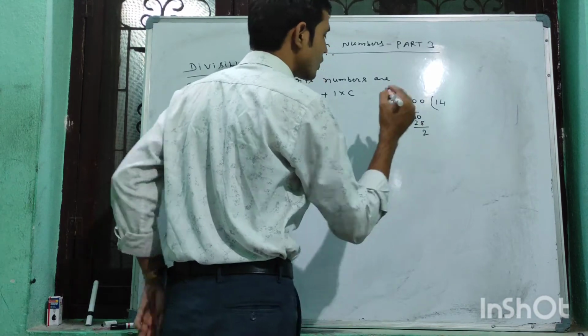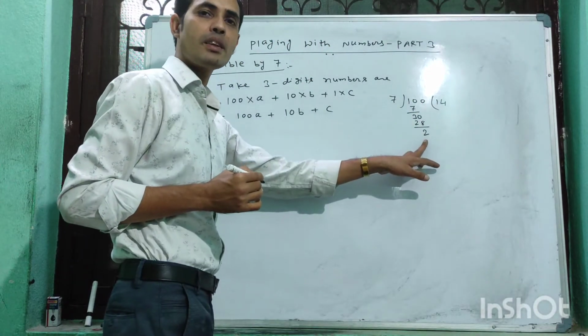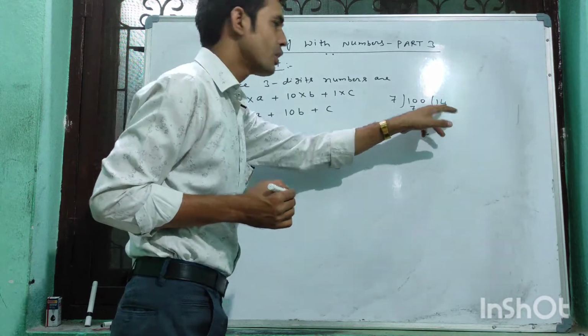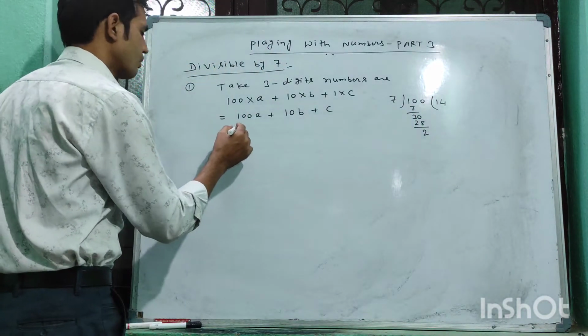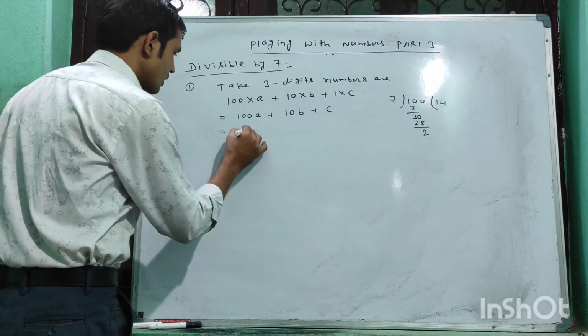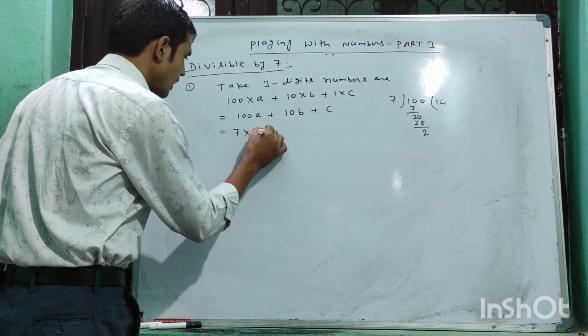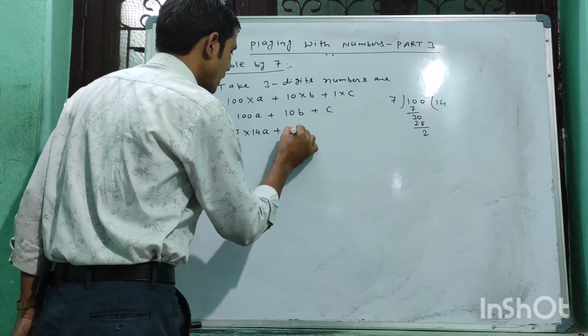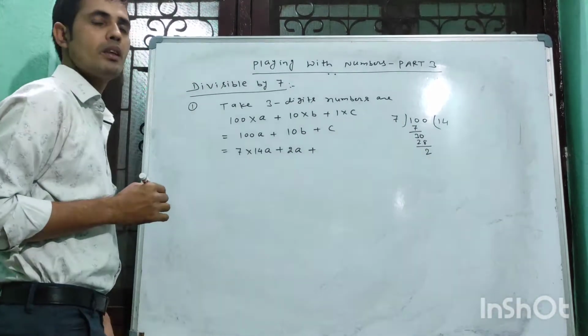So 2 you get as a remainder. So the quotient you are getting is 14. So we can write 7 into 14A plus remainder 2A plus.